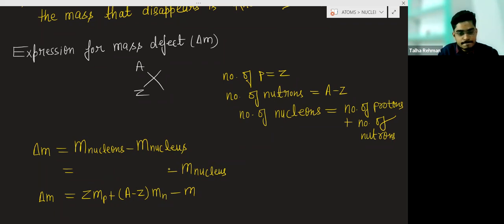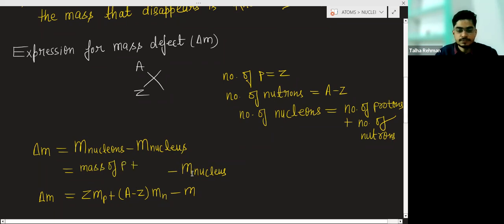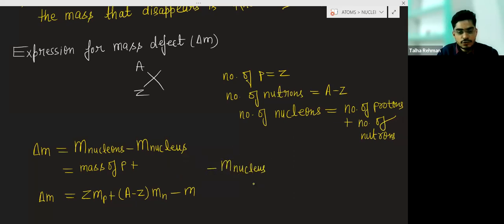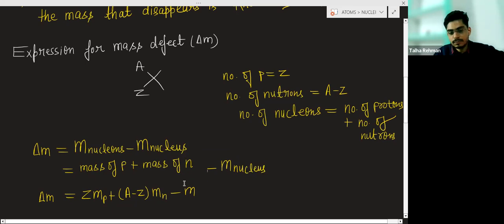You can write here, mass of nucleons is mass of protons plus mass of neutrons.